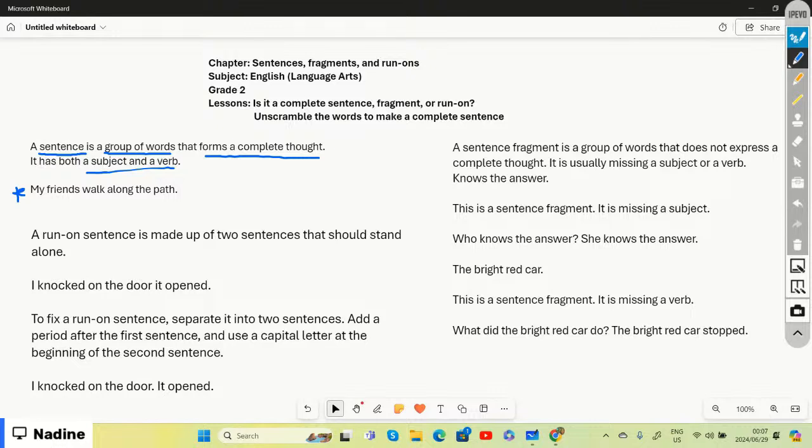And then we have a sentence fragment. A sentence fragment is a group of words that does not express a complete thought, which means that a sentence fragment is either missing a subject or it is missing a verb.